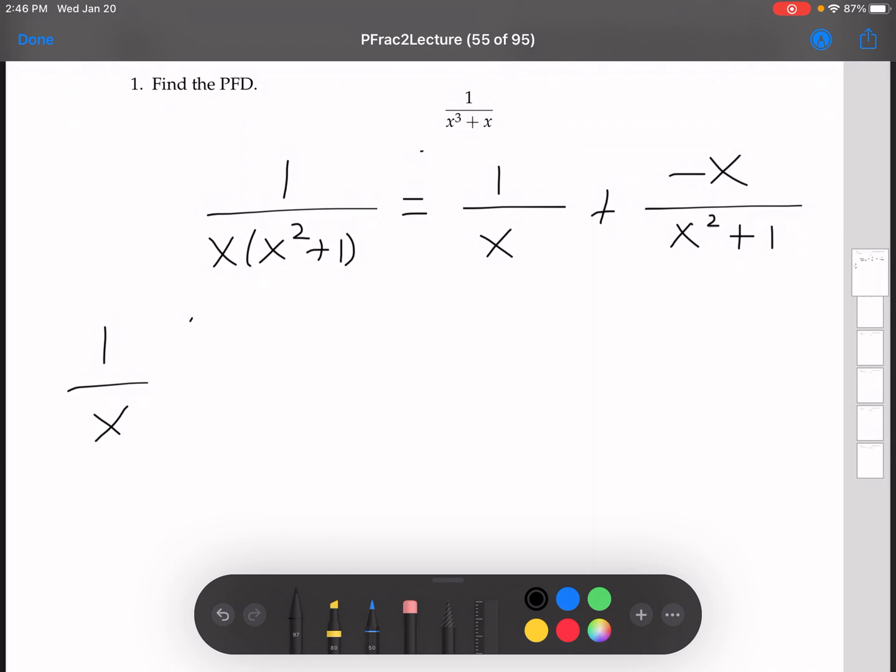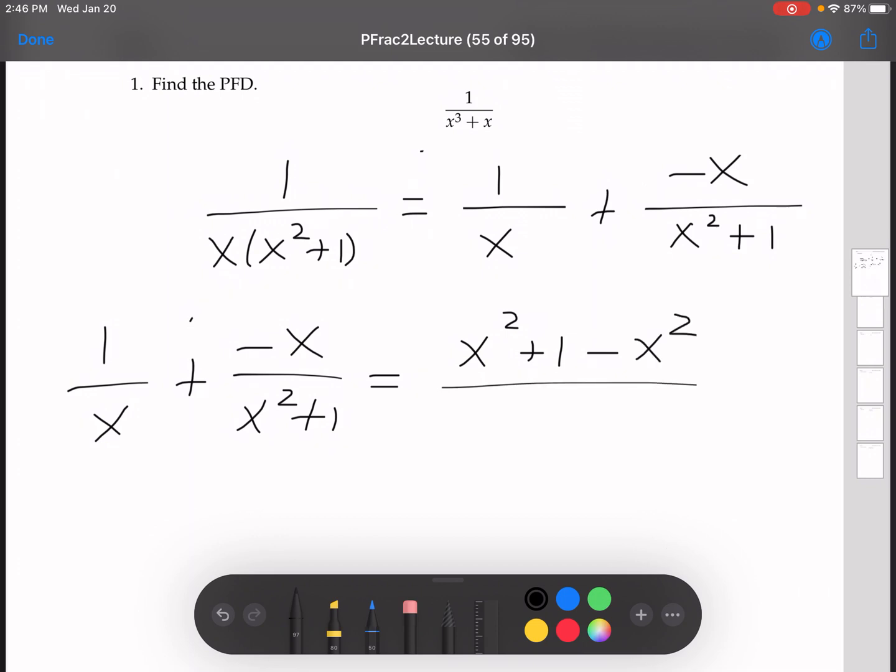So 1 over x plus negative x over x squared plus 1. This is going to be x squared plus 1 minus x squared all over x squared plus 1. We see those will cancel, and it checks out.